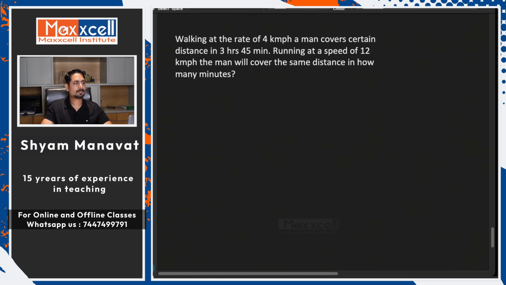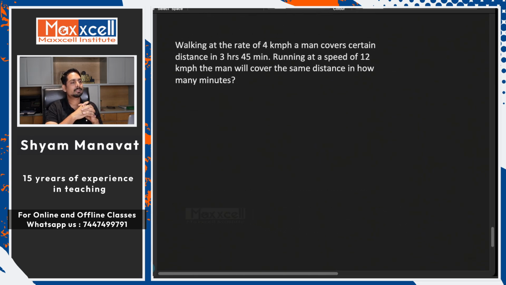Here we have: walking at the rate of 4 kilometers per hour, a man covers a certain distance in 3 hours 45 minutes. Running at a speed of 12 kilometers per hour, the man will cover the same distance in how much time? In how many minutes? We need to find out in minutes. We'll do it.